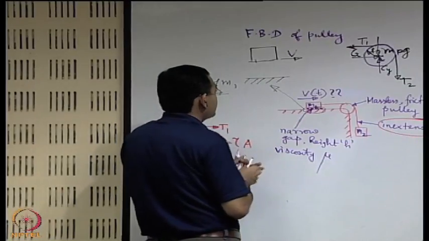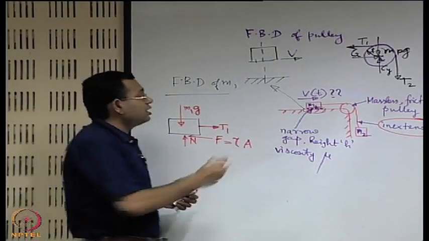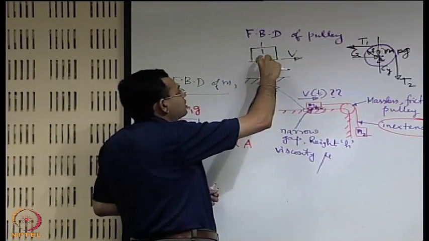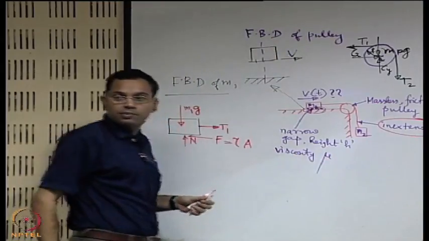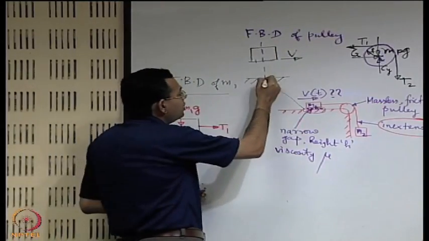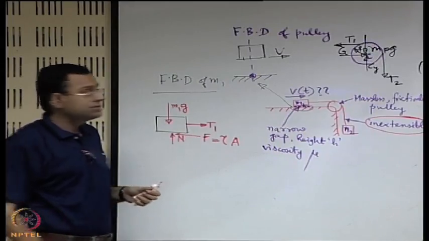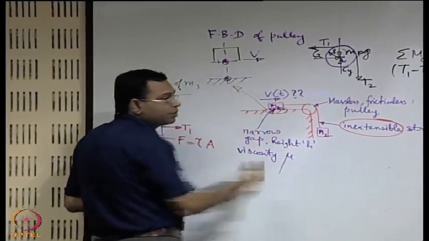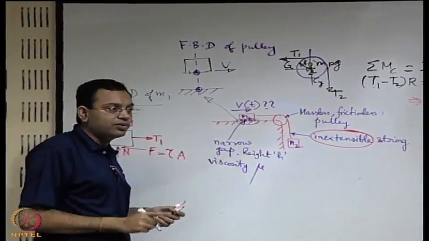Now, if you draw the velocity profile at any section which includes the fluid between the block and the plane, at the wall because of the no slip boundary condition it is 0. Here, what should be the velocity of the fluid? It should be v, that is also because of the no slip boundary condition.